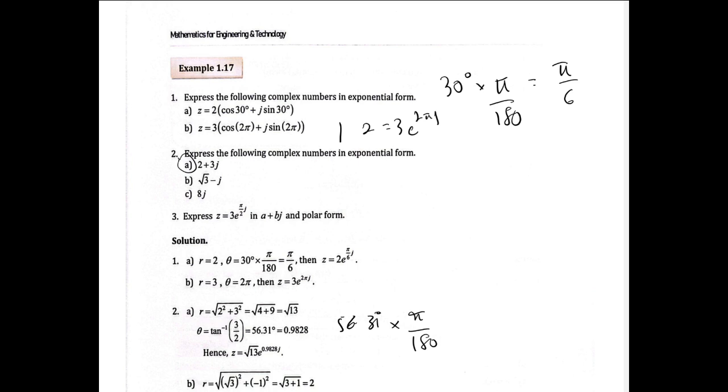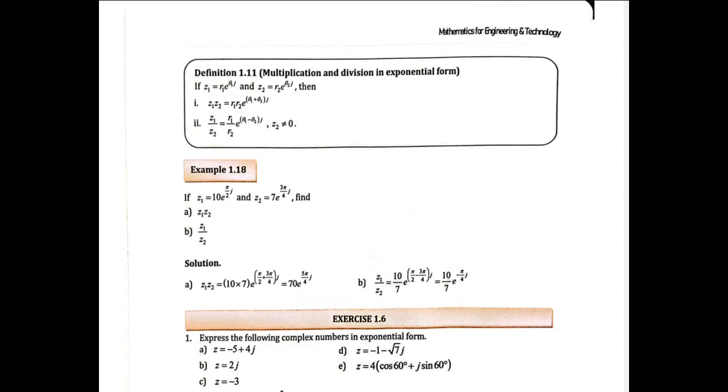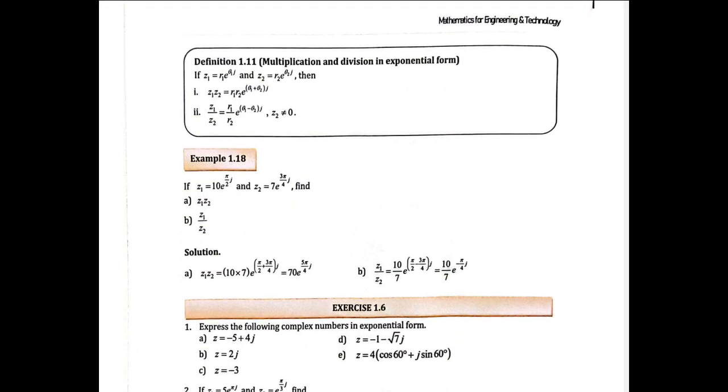Just like polar form, multiplication and division are much easier in exponential form. If z1 equals this form and z2 equals this form, to multiply, you multiply the magnitudes and sum the thetas, just like in polar form.